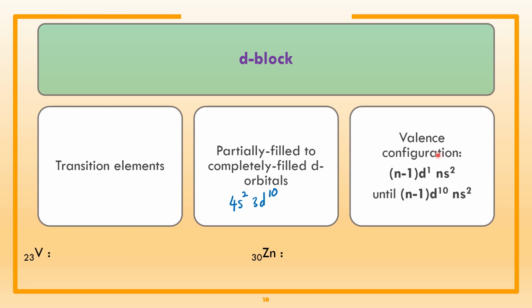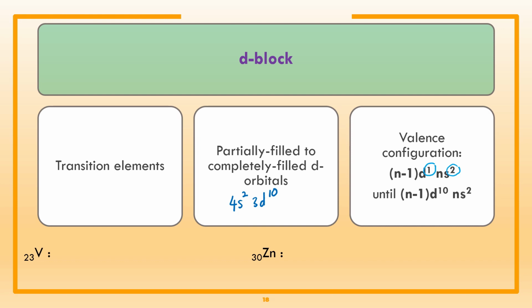And the valence configuration for transition metals will be from (n-1)d1 ns2 until (n-1)d10 ns2. Why is it like this? Because in transition metals, the number of valence electrons equals the group number. So in this case, d has 1 electron, s has 2 electrons.